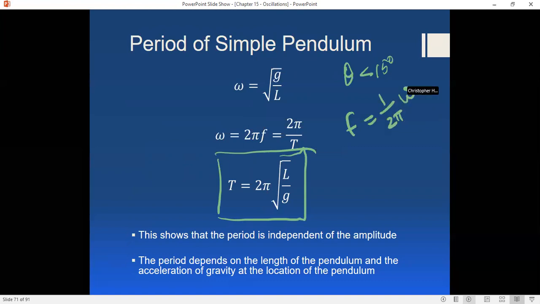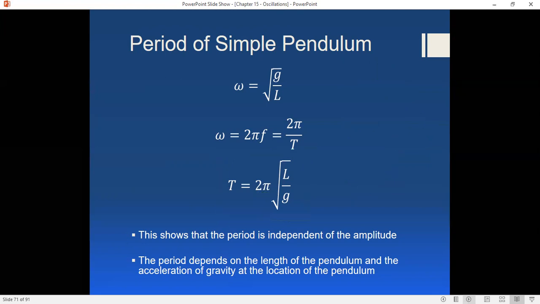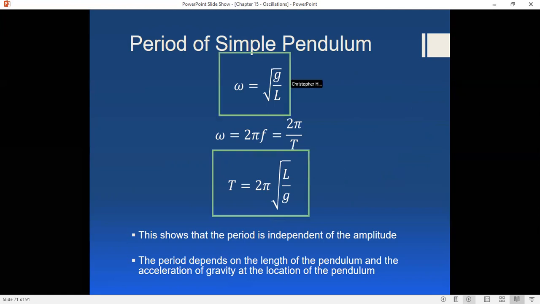Should have written that. So when we take the inverse, that puts the 2 pi right here. Again, this is for a small angle approximation. Now, for our course, this is the only result that we really need to know. This right here, and of course, the frequency, that's showing the angular frequency, the frequency, which is equal to 1 over 2 pi square root g over L.